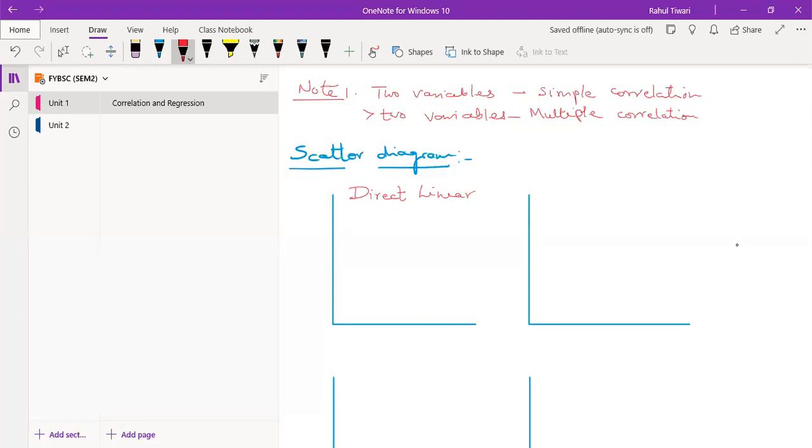The second one is called direct perfect linear. If I'm saying direct linear, the opposite will be inverse linear.